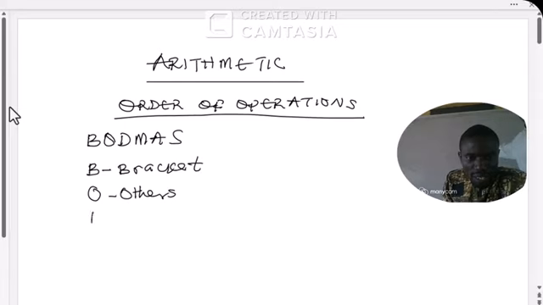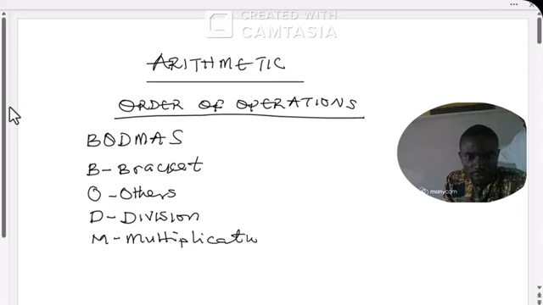Then D stands for division, followed by M. M stands for multiplication. Then we have the A, which is addition.